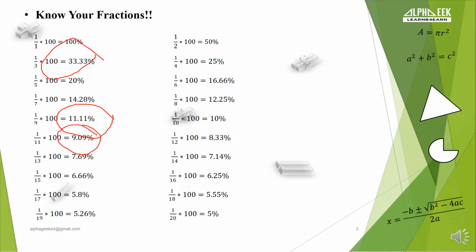So these are multiples of 9s and 18s in inverse relation. Apart from these, 1 by 4 is 25%, 1 by 2 is 50%, 1 by 8 is 12.5%. You have to remember these things. These are very important. Then comes 1 by 16, 6.25%, and 1 by 20, which everyone knows is 5%.